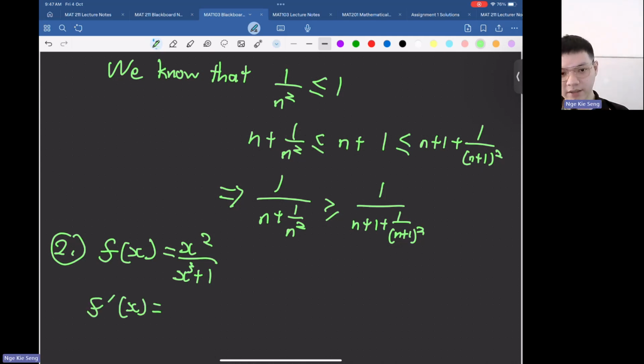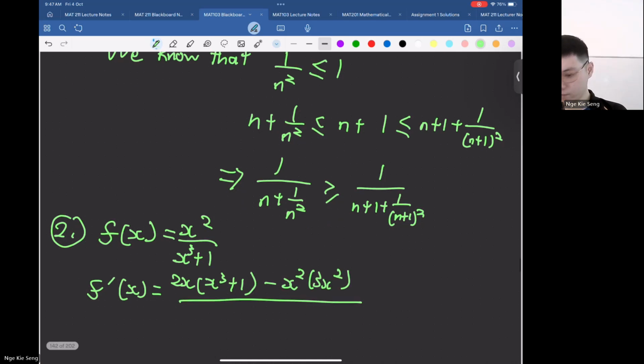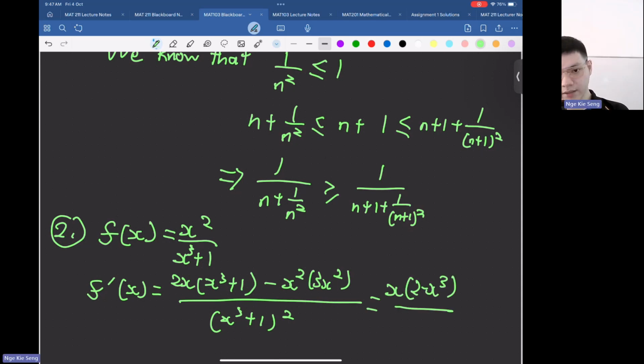It's also a little bit complicated, but let's quickly compute this. And please check the calculation. You will get something like this.